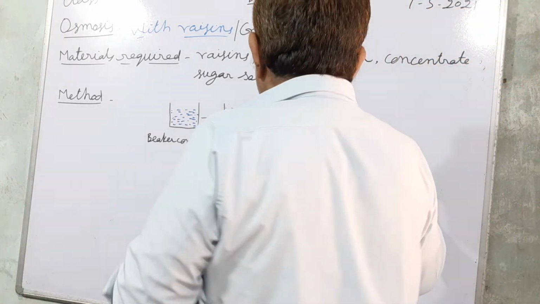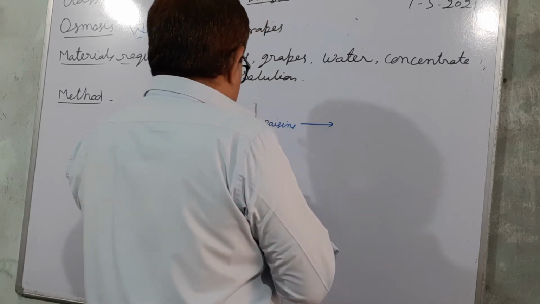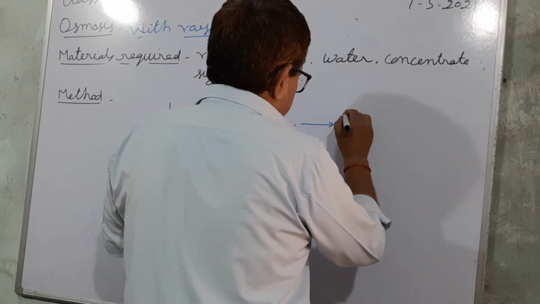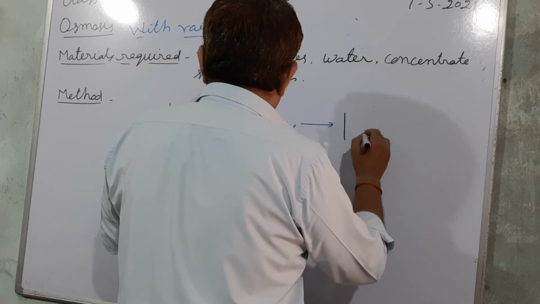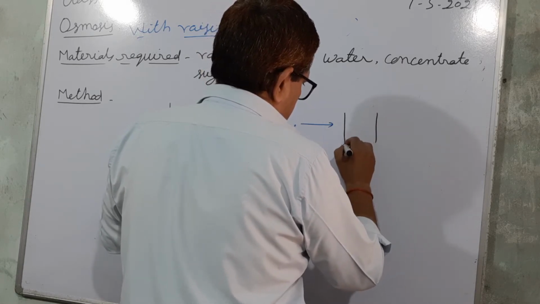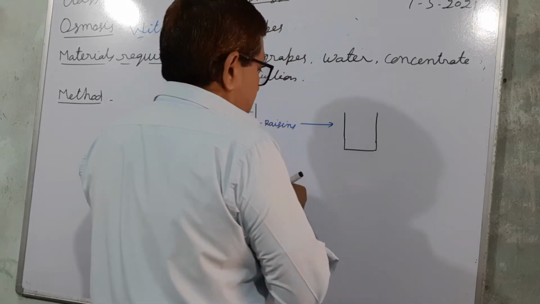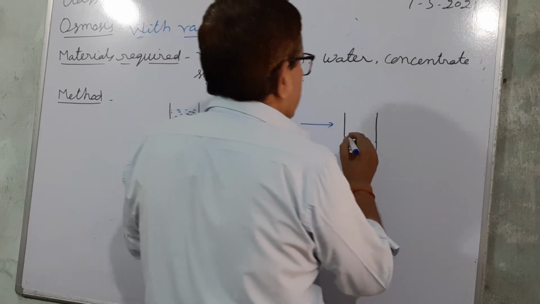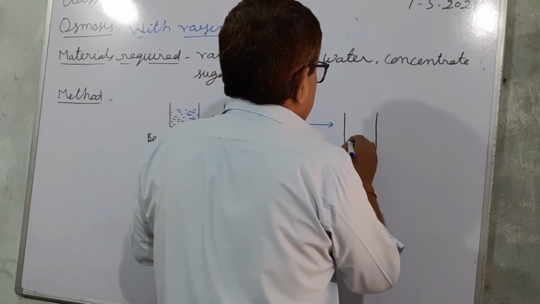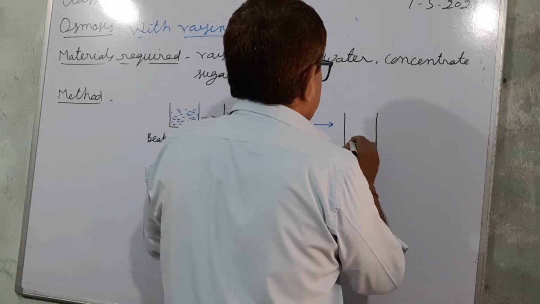And observe. In the observation you find that the raisins swell up. These are the raisins. We have to draw diagrams.